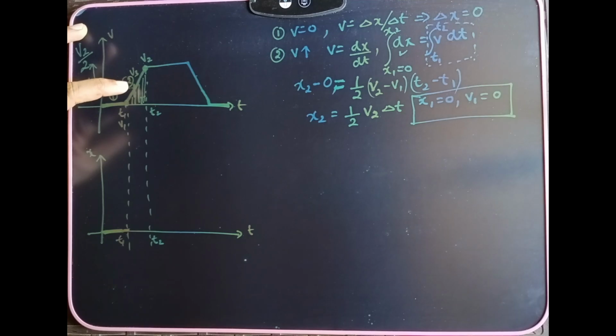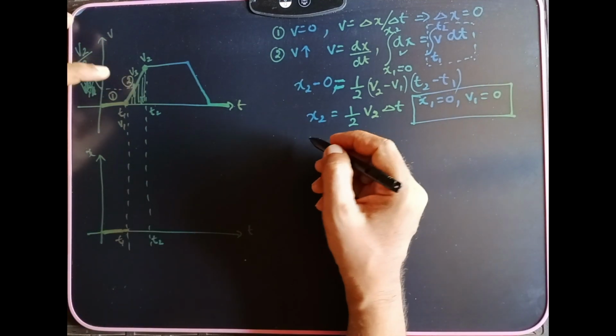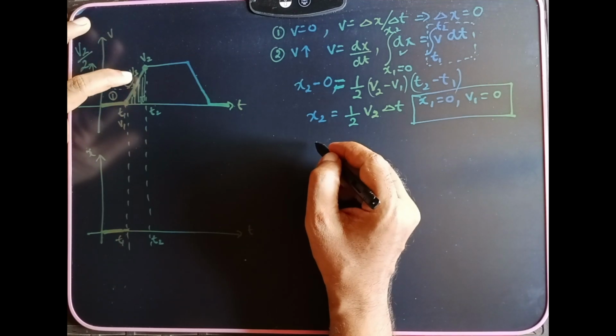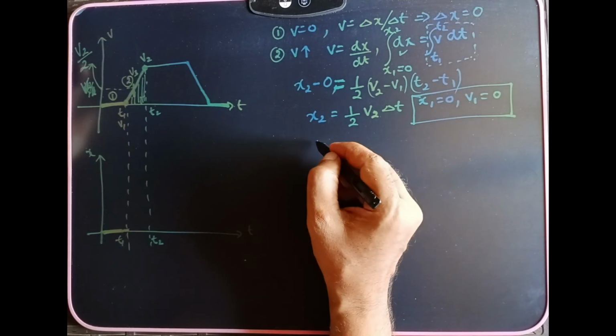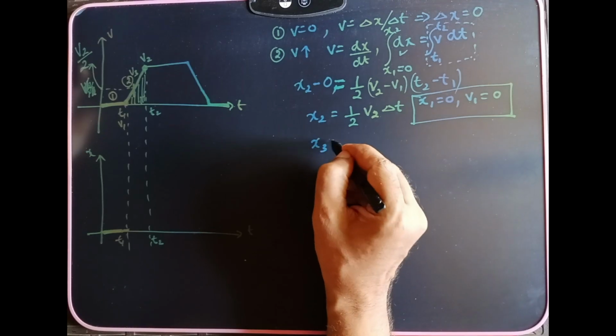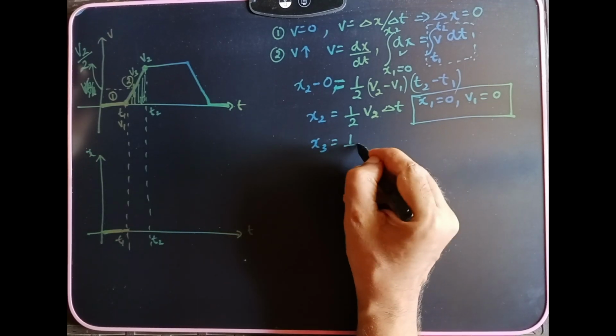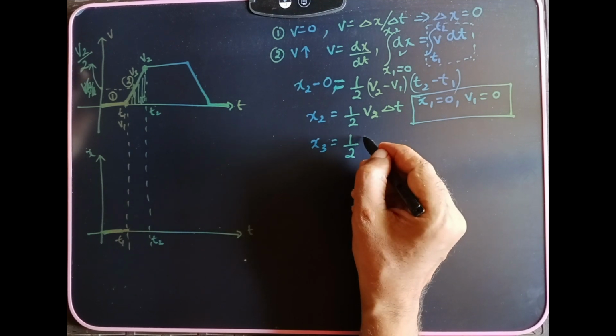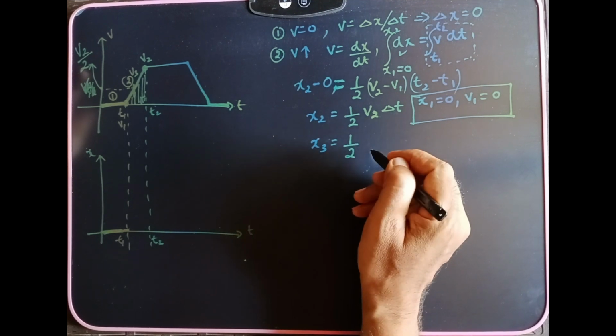So now if I want to find the displacement at v3, which I assume is v3, but basically it is v2 by 2. So I find x3 is equal to, it will be the same area under the curve, right? It will be half v3 delta t.